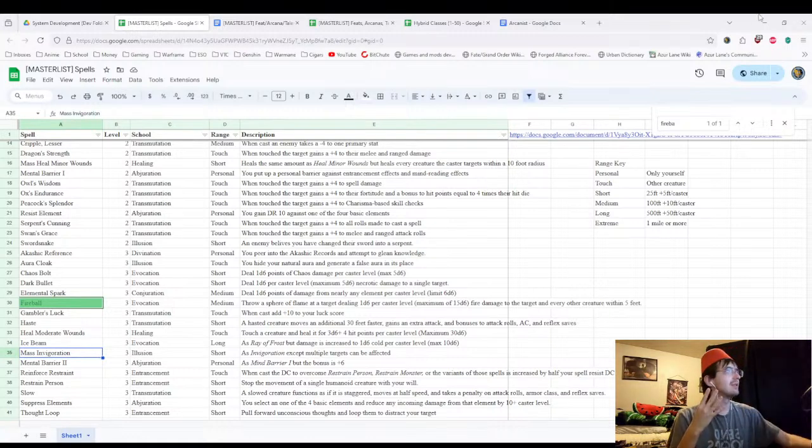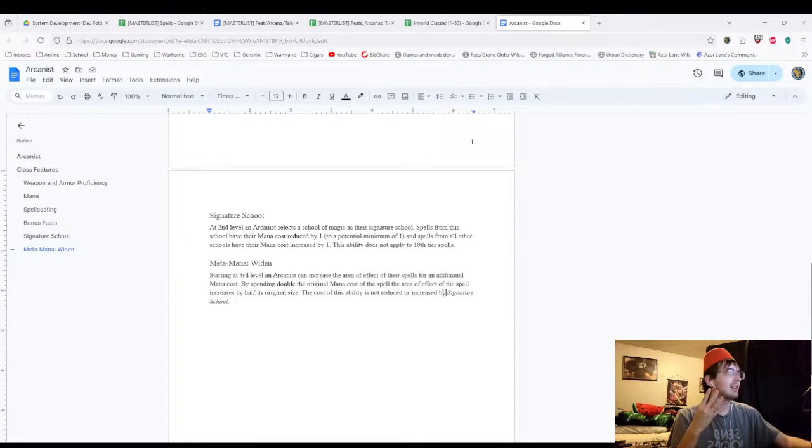Now with this ability, the cost of it isn't affected by Signature School, the cost isn't increased to 8, it's increased to 7. Right, by spending double the... Alright, yeah. Declared.